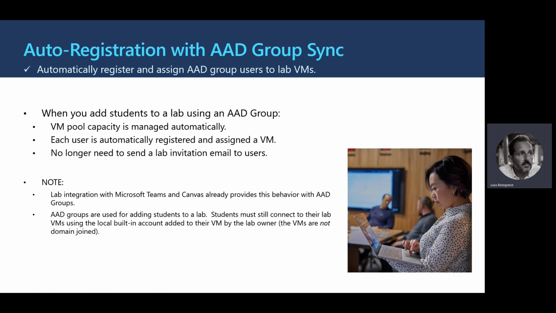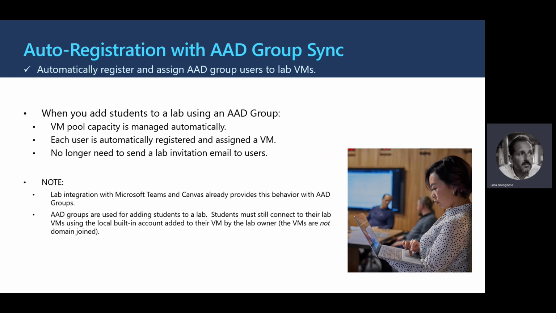Active Directory integration: you can now specify that a lab is tied to an Active Directory group, so that when you add new users to the group, they will be automatically added to the lab. And this is the way it already works in Microsoft Teams and Canvas, but now it works even for just an Active Directory group.